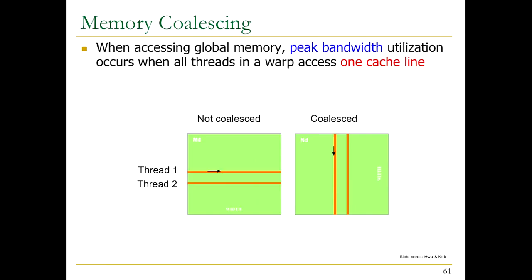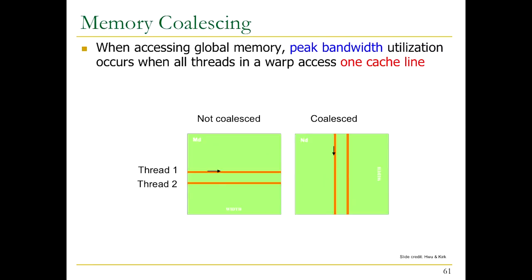So this cache line can be retrieved in one cycle, let's say. In the next iteration, these 2 threads access the next element, and then the next element, and each of these accesses will be a coalesced access.